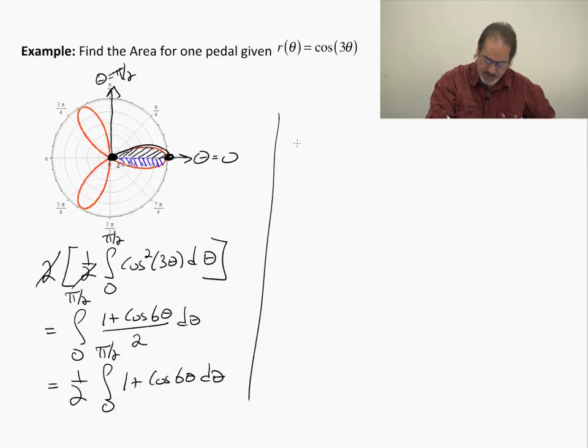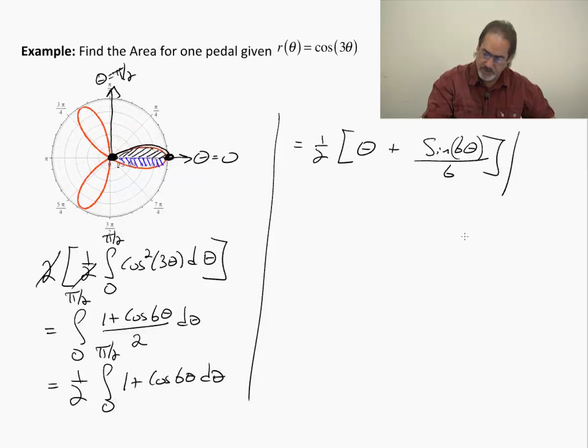Now that is going to be equal to 1/2 times theta plus, obviously I'm going to have a sine of 6 theta, but the derivative of sine of 6 theta is going to be 6 cosine of 6 theta, so I need to divide this by 6. Then of course evaluate that from 0 to pi over 2.